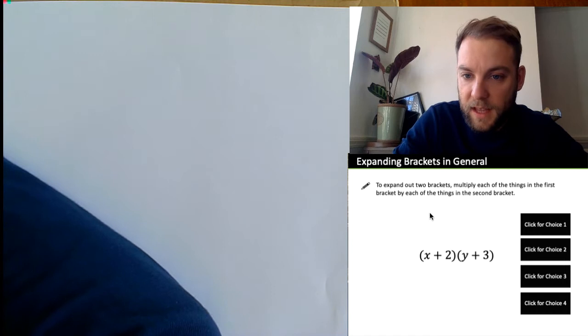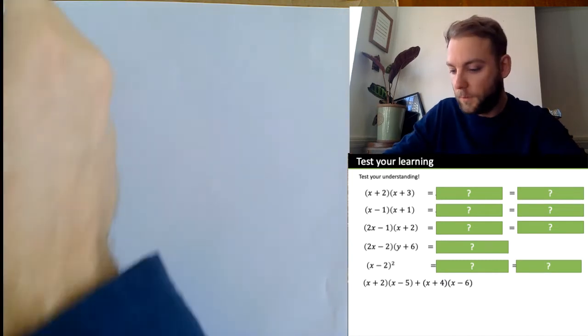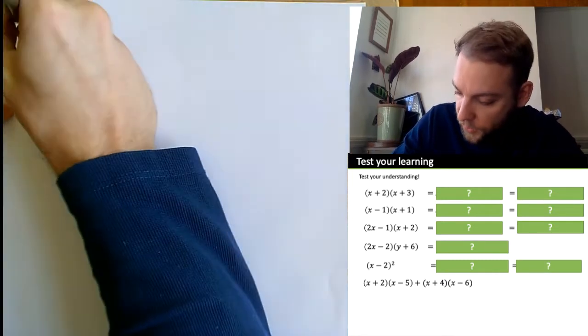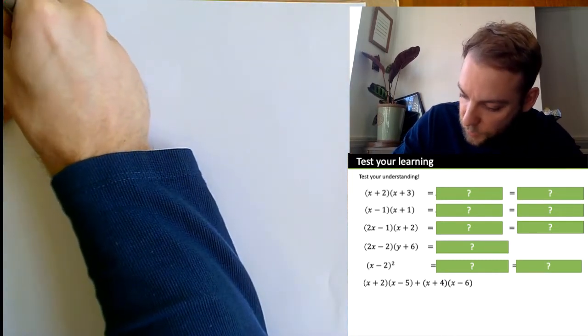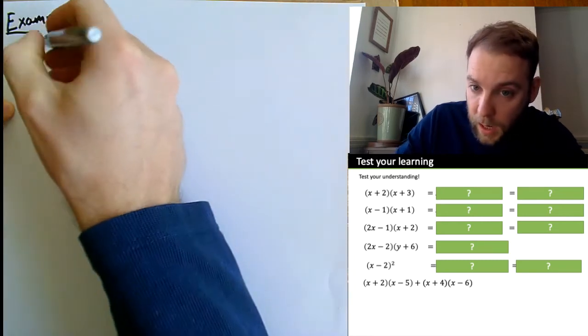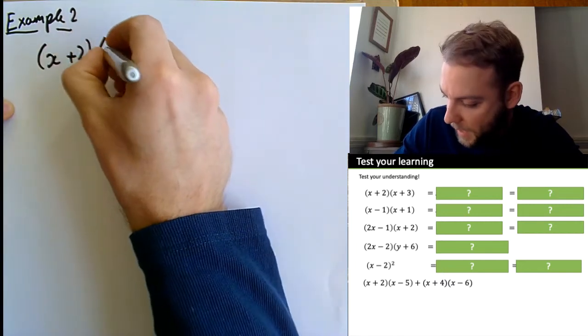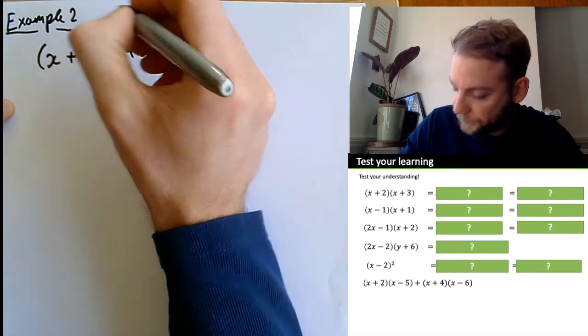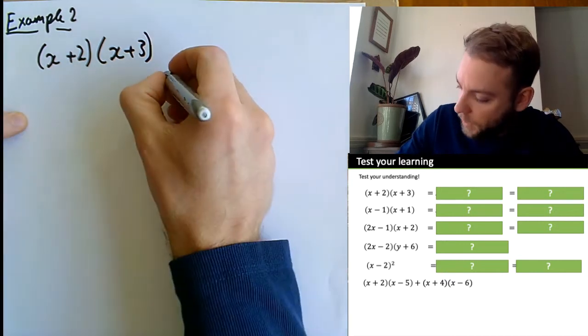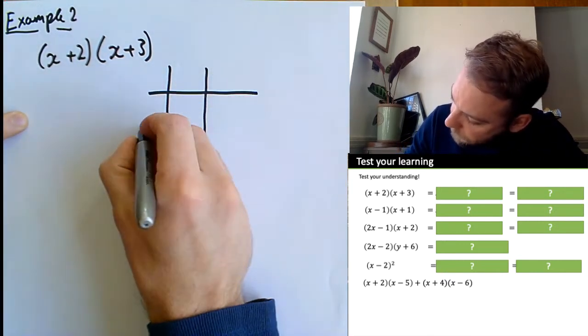So these next ones are the most common ones which will come up in your GCSEs. So here we've got our first one, this is example 2 now. And we've got x plus 2 times by x plus 3. So when I'm doing this, I draw my grid first of all.